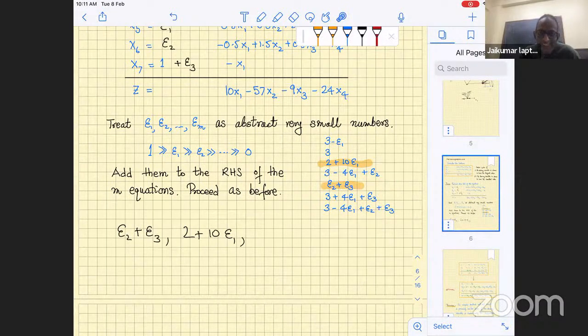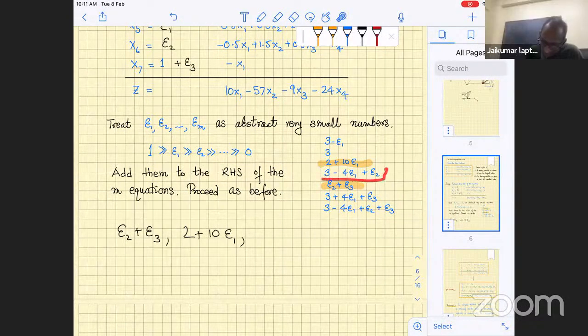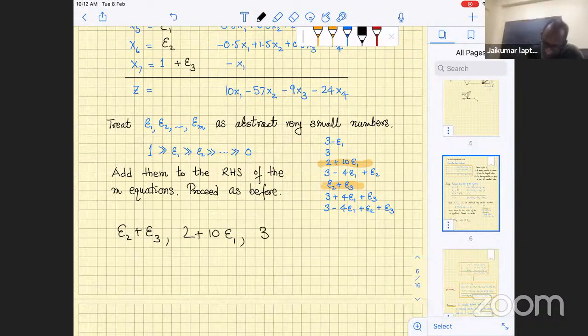So which one is the smallest after this? 3 minus 4 epsilon 1 plus epsilon 2. Yeah. So this one, is this what you mean? Yeah. So I'm writing this. I will not go beyond this. So let me just write down. 3 minus 4 epsilon 1, because epsilon 1 is so big, it drags 3 down the most.